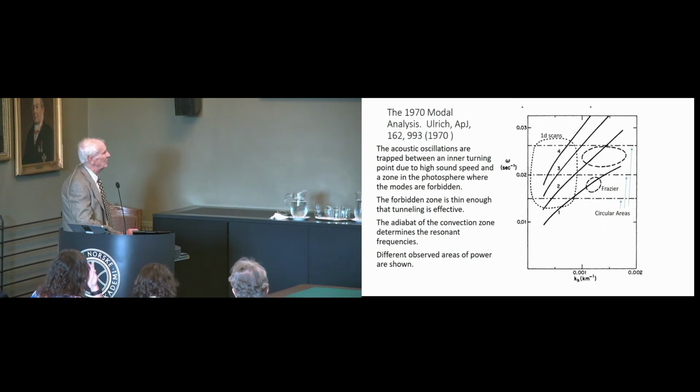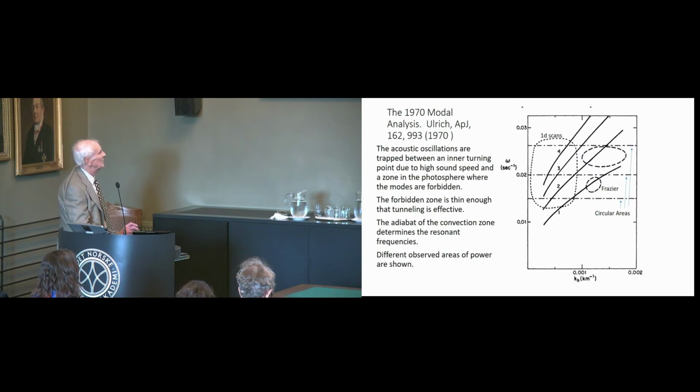resolve the solar image into different wavelengths along this axis, and then at each wavelength you measure the power spectrum going up, and then the locations of the peaks should be along these lines, which I have 1, 2, 3, and 4. And the power that people had seen at that time are indicated in this particular diagram.